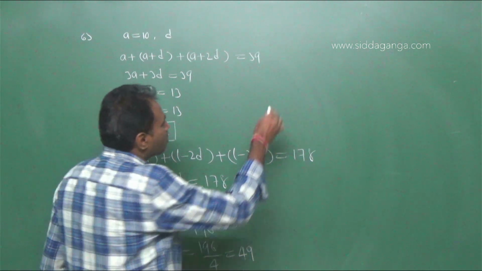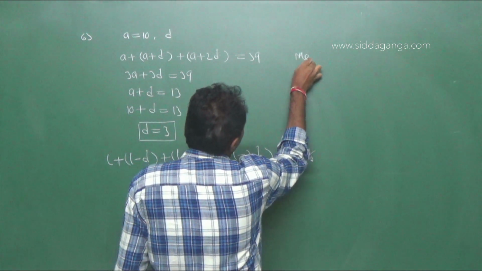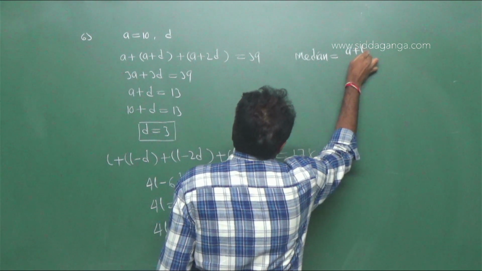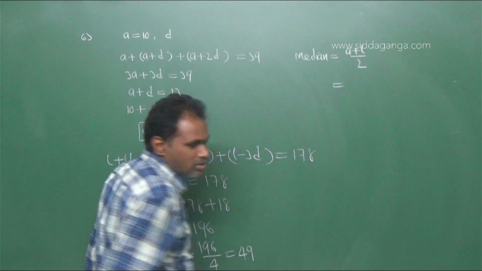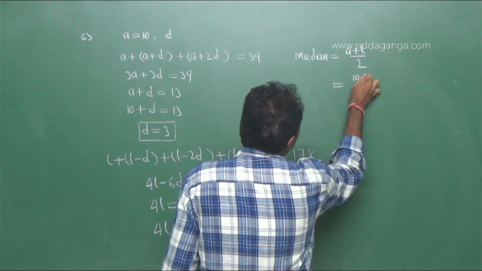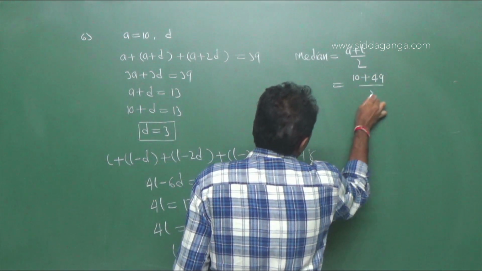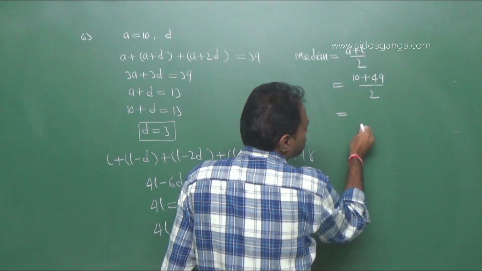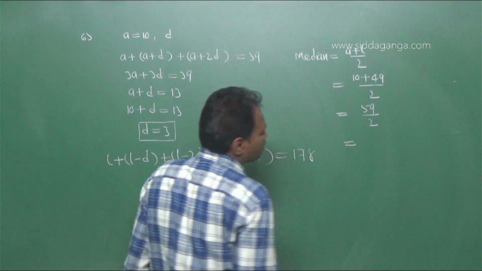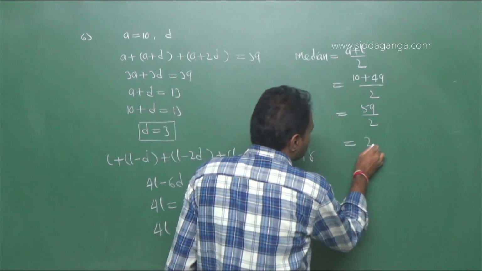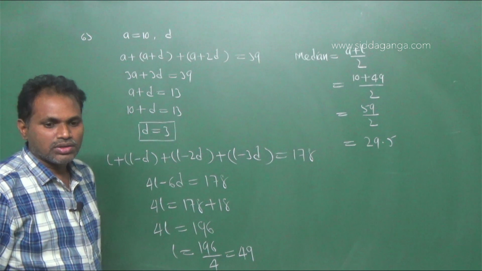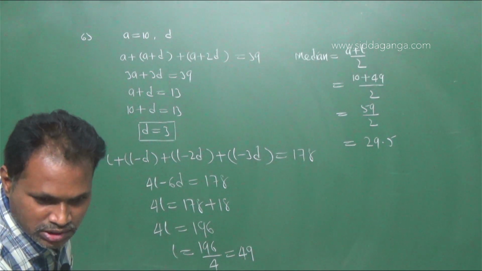Therefore, median equals A plus L by 2, that is 10 plus 49 divided by 2, 59 divided by 2, that means 29.5. Therefore, option 3 is right.